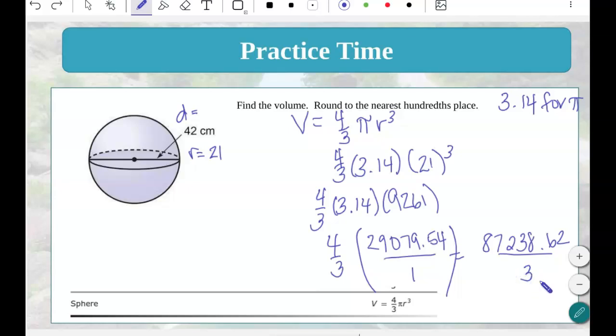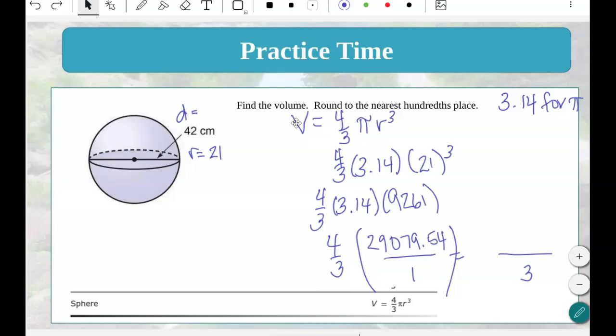Something happened. I did it wrong. I multiplied by 3 here. I hit the wrong key. Ignore that answer there. I caught myself here. So we're going to try that again.